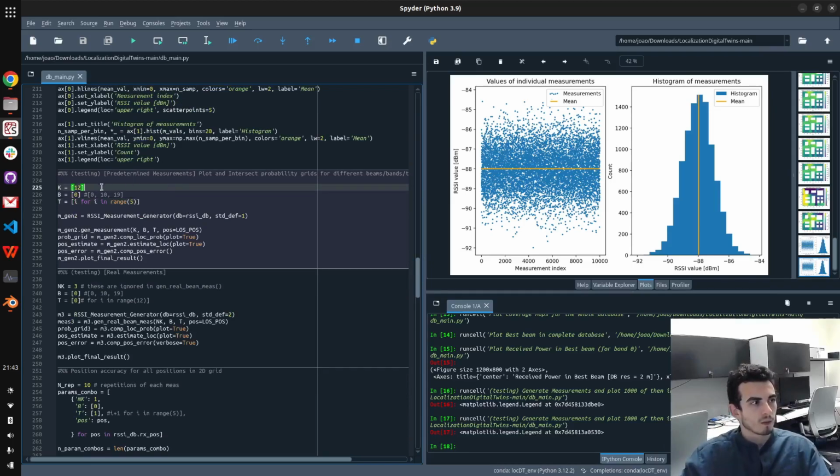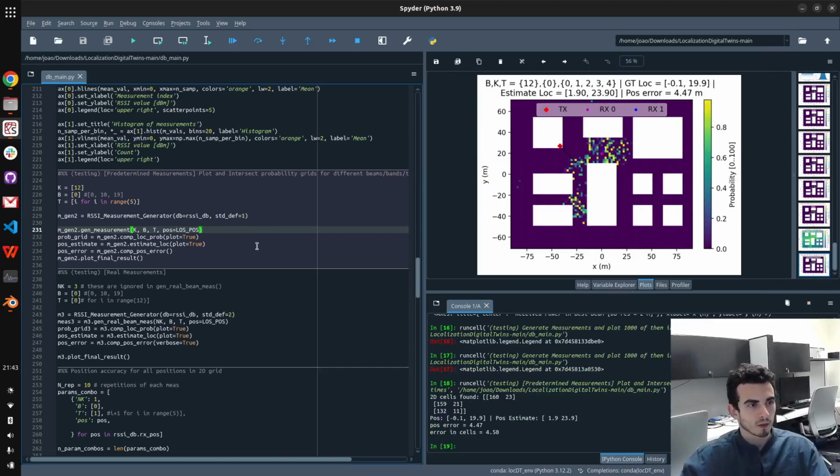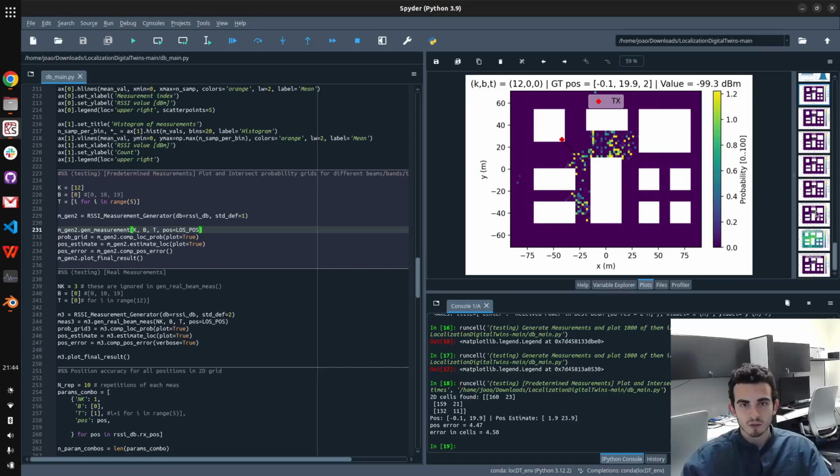So some more testing, just to make sure everything is working. We tested reports in a given beam. So by telling the user, give me reports in this beam, in this band, and 5 of them, we try to localize the user. Yeah, and as you can tell, the localization is not great.